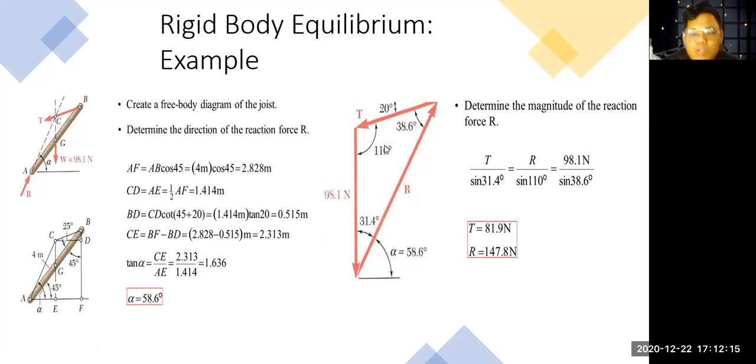In this part we use the sine rule to determine the magnitude of reaction Fr, because we already have 91.8 weight on this T2 below. So we apply the sine rule to obtain T and R.